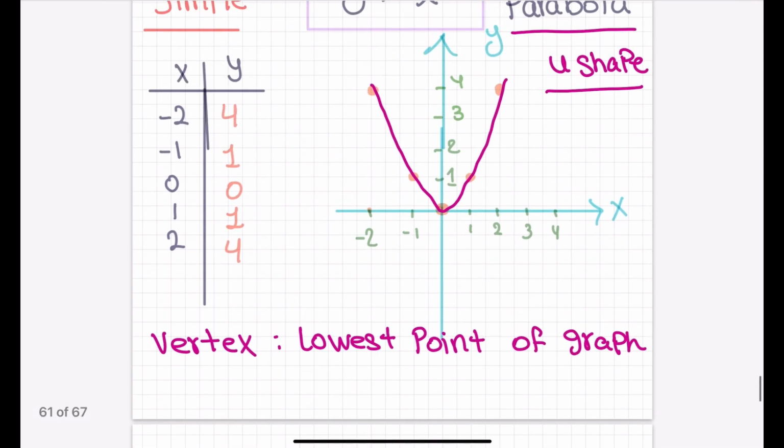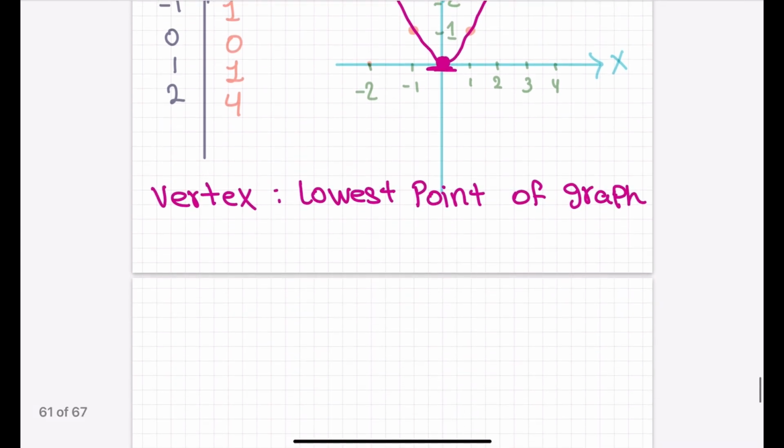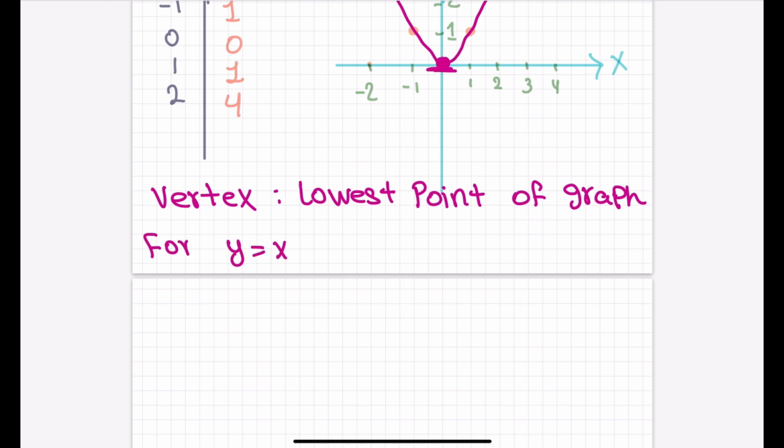In our graph in here, what is the lowest point? It's 0. You see, this is our lowest point. I don't have any dot that is lower than this. This is the lowest one. So we say the vertex for the y equals x squared graph is 0 and 0.